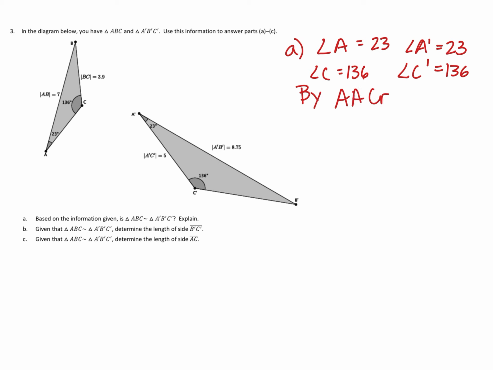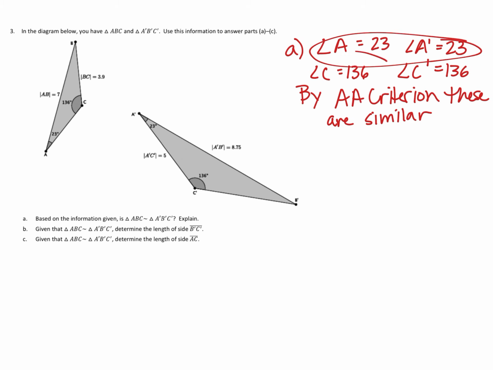So by AA criterion, these are similar. We have two sets, set A and set C, which are equal in measure, so these are similar triangles.